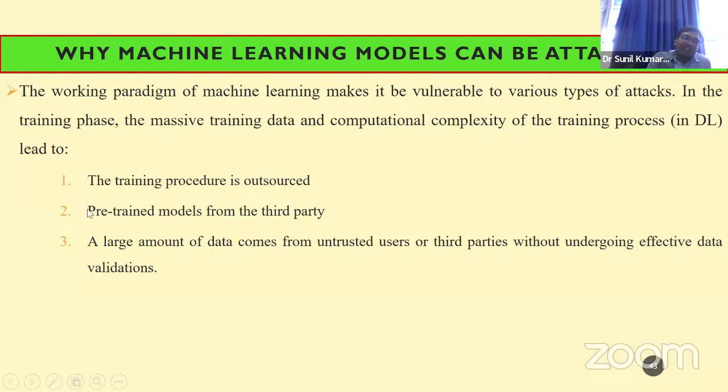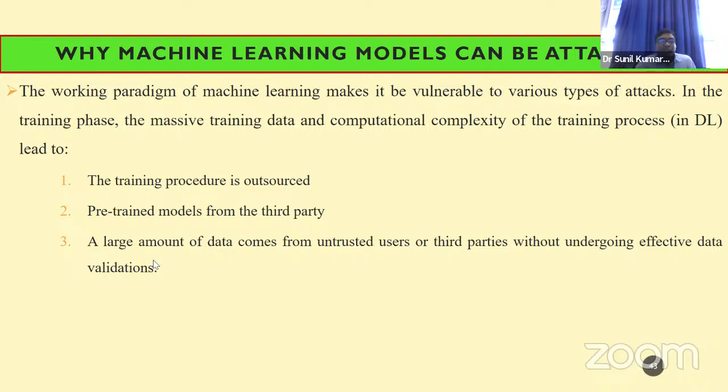So once again, if you are going to apply the transfer learning concept and use the pre-trained model, we have to be very cautious about where we are going to fetch the models. And third point, a large amount of data comes from untrusted users.